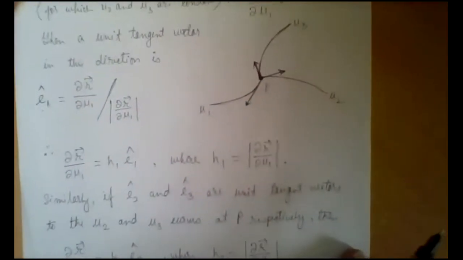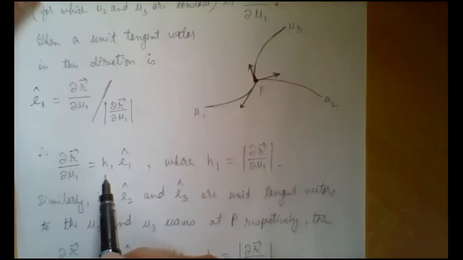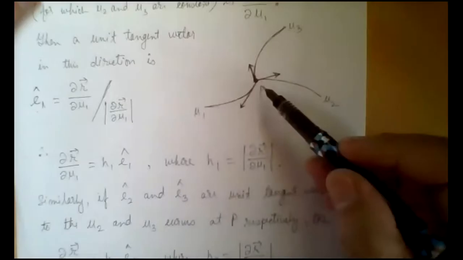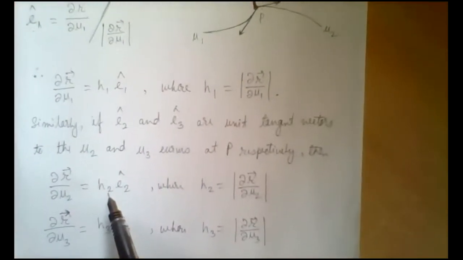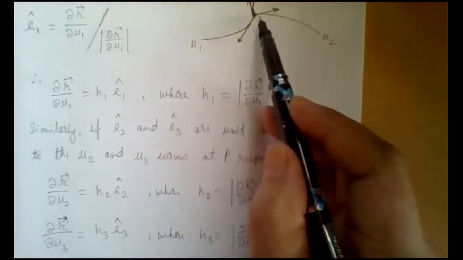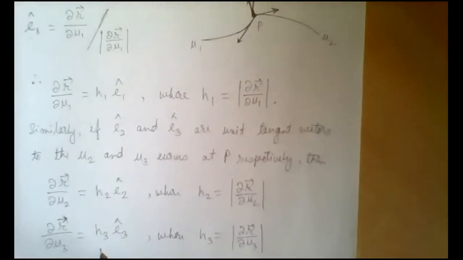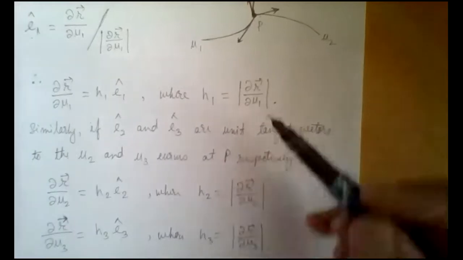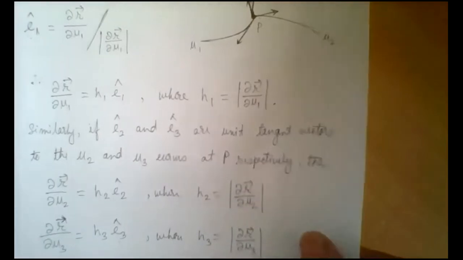The magnitude of the tangent is represented by the symbol H. So H1 represents the length of the tangent del R by del U1, the tangent to the curve U1 at the point P. Similarly, H2 represents the length of the tangent at the point P to the curve U2, and H3 represents the length of the tangent to the U3 curve at the point P. These three quantities H1, H2, H3 are called scale factors.